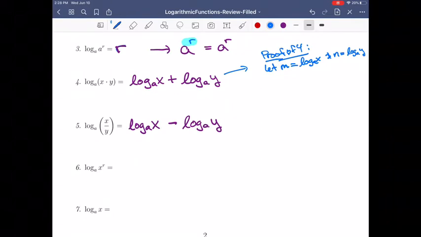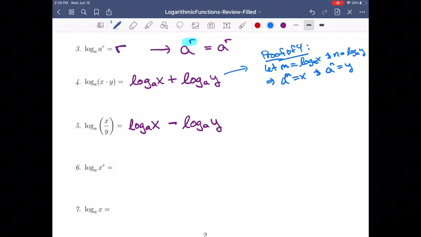What that means is that a to the m is equal to x, and a to the n is equal to y, right? That's the definition. So m is the number I need to raise a to in order to get x.